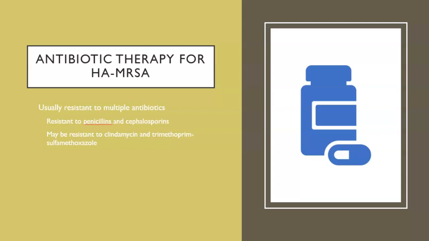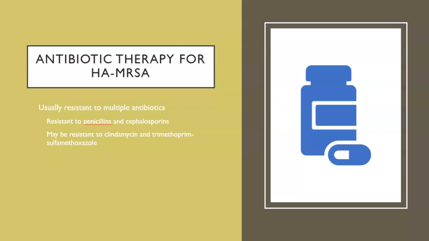After that initial time he tested positive for MRSA, every time he comes in we don't even use these medications. We just automatically go to vancomycin. So if you really have a big suspicion for MRSA infection in a person, I would just skip these antibiotics and go right to vanco.